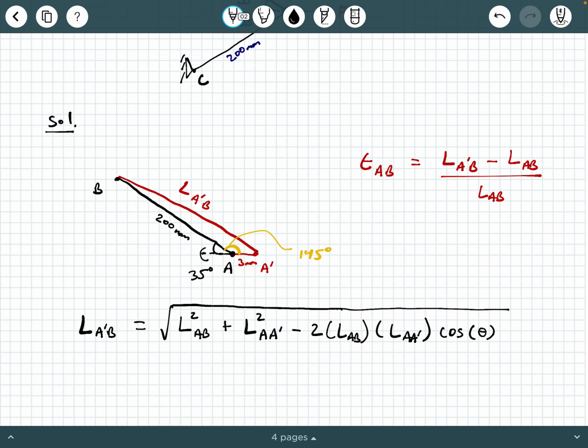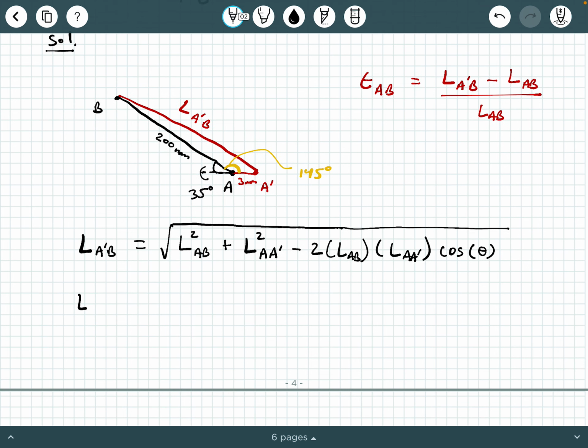Now, if you remember your law of cosines, that angle that generically I'm calling theta is the angle opposite of the length of A prime B, which is the length we're looking for, okay? And so I'm going to go ahead and populate these values.